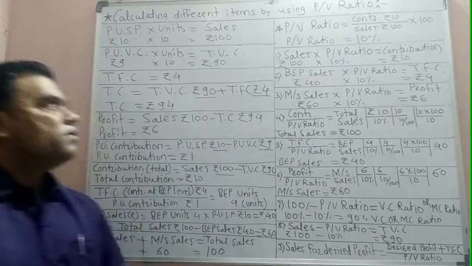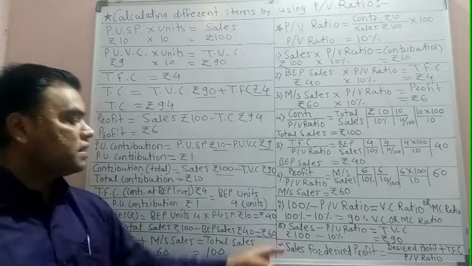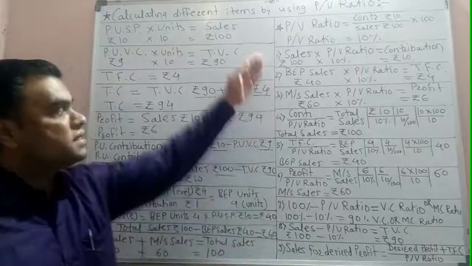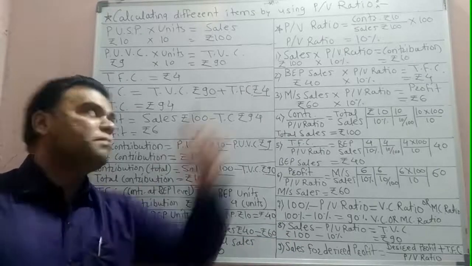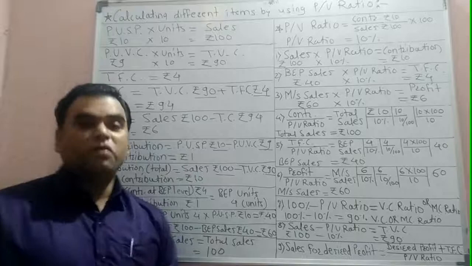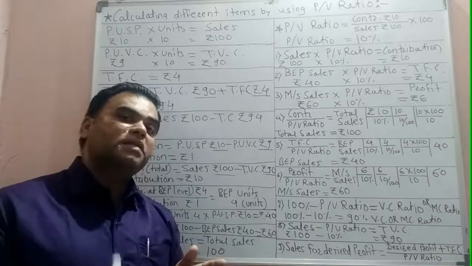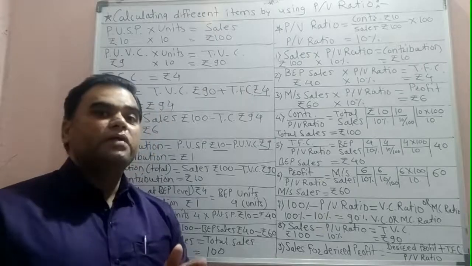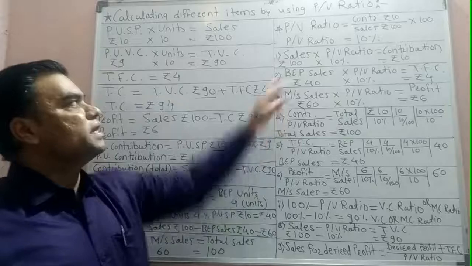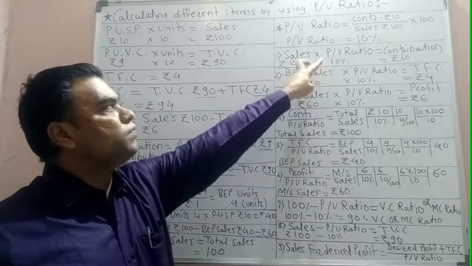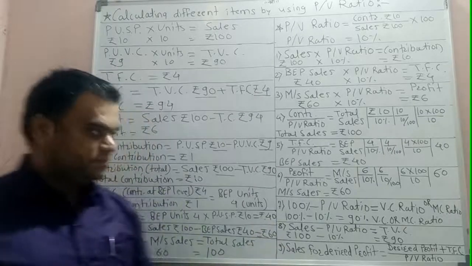So now we have discussed how we can calculate the 9 items. These 9 items we can calculate by using PV ratio, because in the problems of marginal costing we are asked to calculate the missing items by using insufficient information. So you can see, if you know 2 variables, you can calculate the third variable quickly.